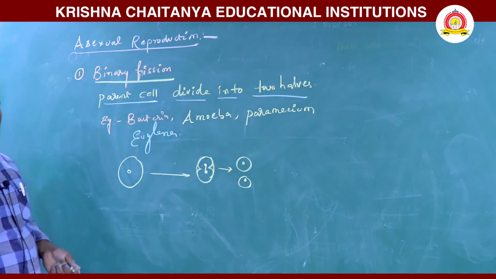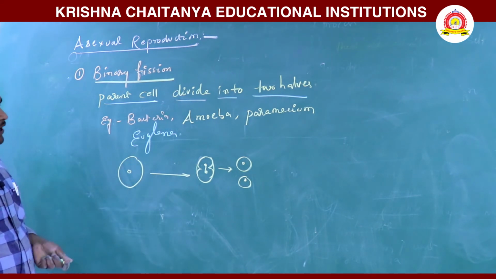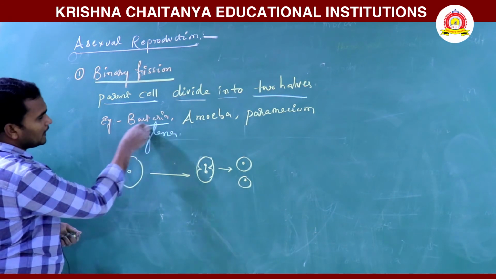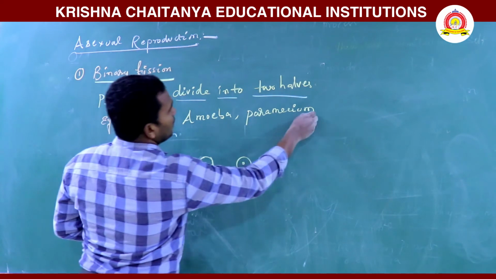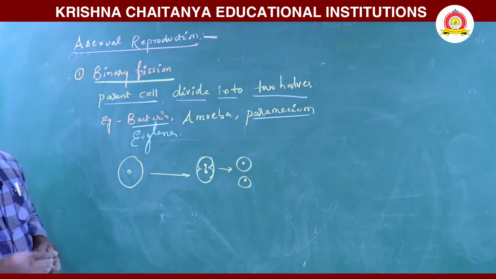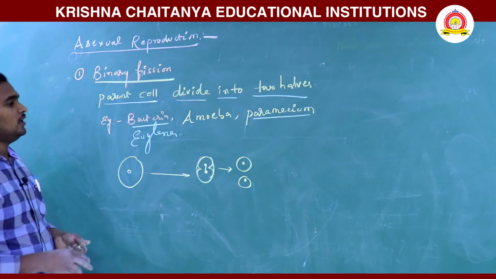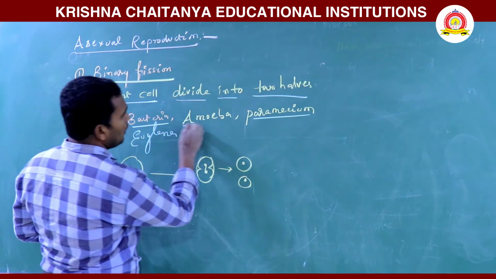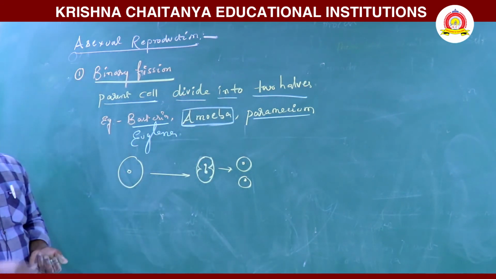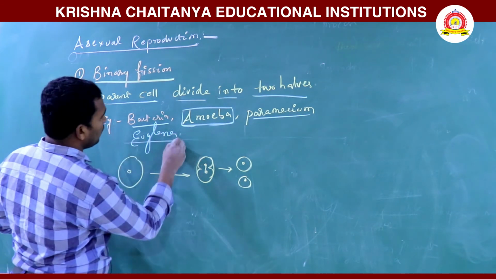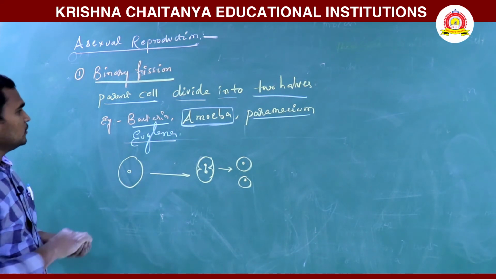Examples: bacteria, amoeba, paramecium, euglena. In this we will see binary fission. Mainly in bacteria and also paramecium, it is transverse binary fission. In amoeba it is irregular binary fission, and in euglena it is longitudinal binary fission.